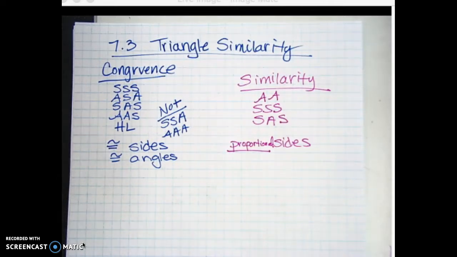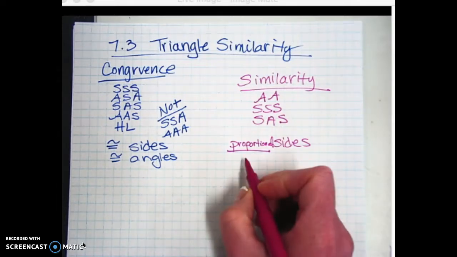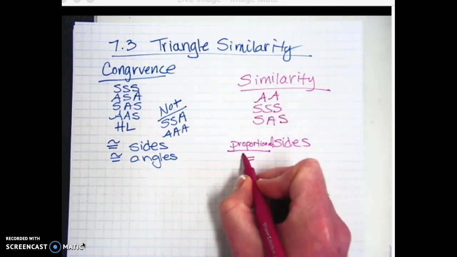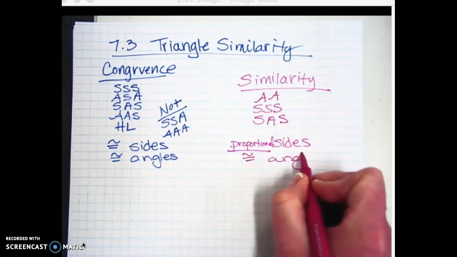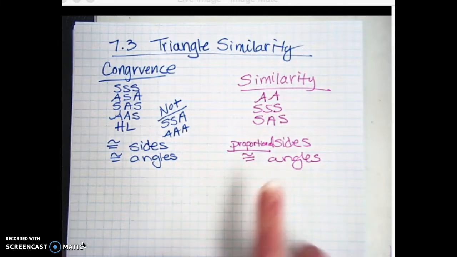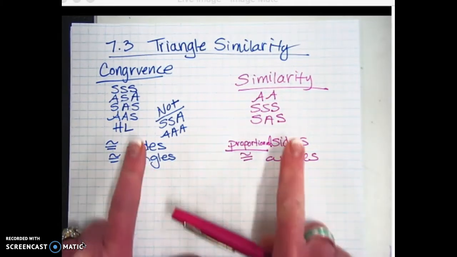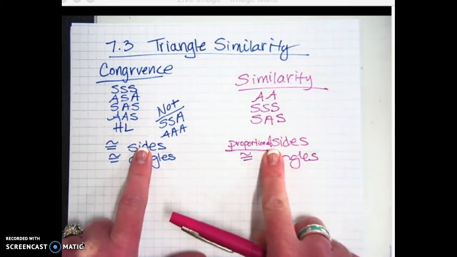If you compare some sides, you set up a ratio, you can reduce it to the same number. Or you set up a proportion, do the cross product, and you should get the same number. The angles need to be congruent, just like with congruence. So this stays the same, this is just slightly different.